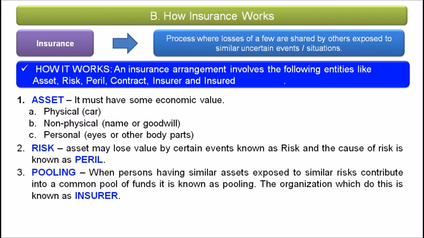Pooling. When persons having similar assets exposed to similar risks contribute into a common pool of funds, it is known as pooling. Dear friends, it is very simple. The organization which does this is known as the insurer. What will the insurance company do? For example, all people of the same age group are pooled into one group, one block. All the same type of houses are taken into one group.